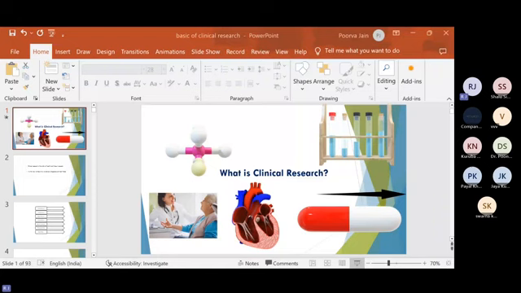Now, the third stage is lead generation and refinement. So in lead generation and refinement, we try to create many molecules, okay, which are targeting this target. There are many, like you would have heard this word, high throughput screening.